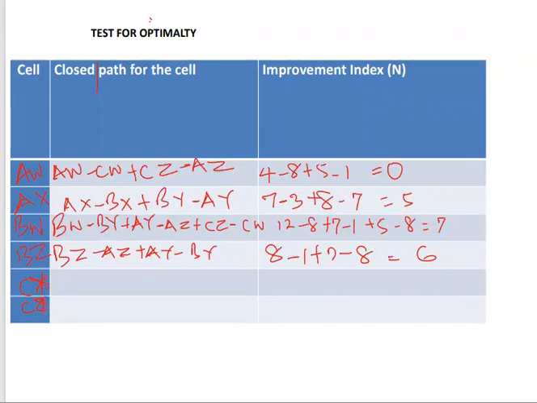CX minus BX plus BY minus AY plus AZ minus CZ. No, CZ, not CY.